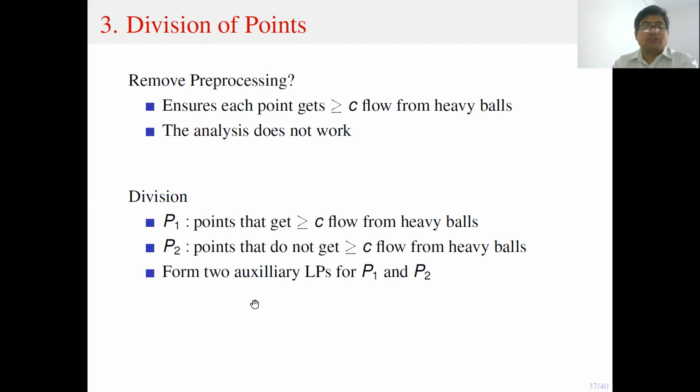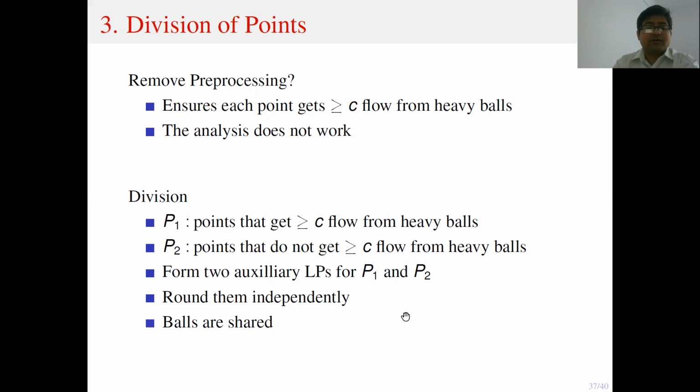And then what we do is we construct 2 auxiliary LPs, P1 and P2, and we compute 2 LP solutions. And we round them independently. Now note that the LP solution corresponding to P1 satisfies the condition, and that's why we can use the algorithm I mentioned before. However, for the solution corresponding to P2, we need a separate algorithm.